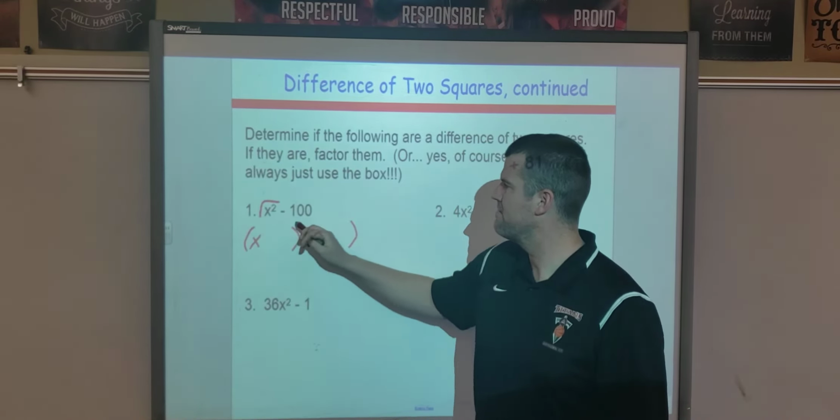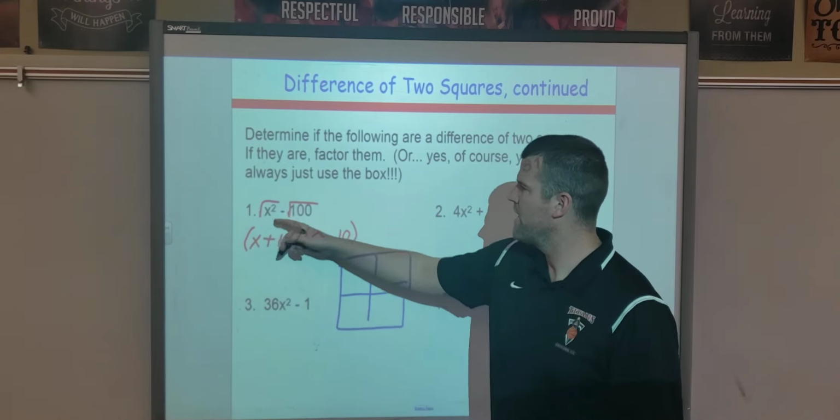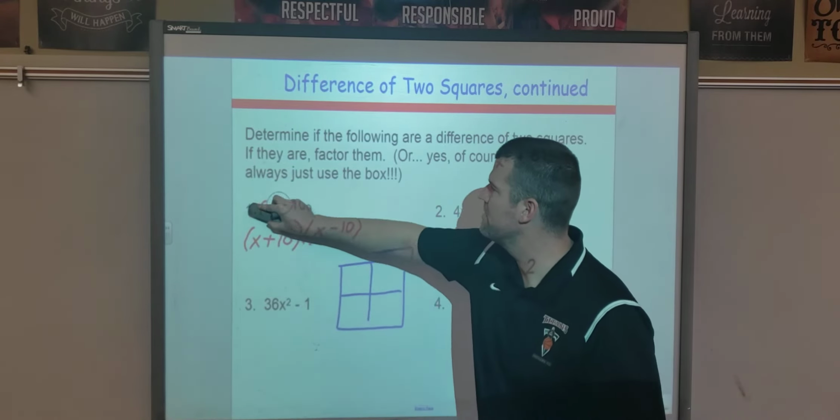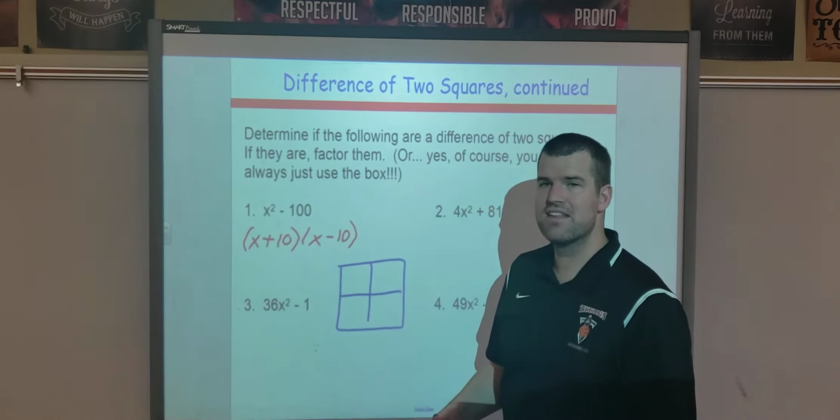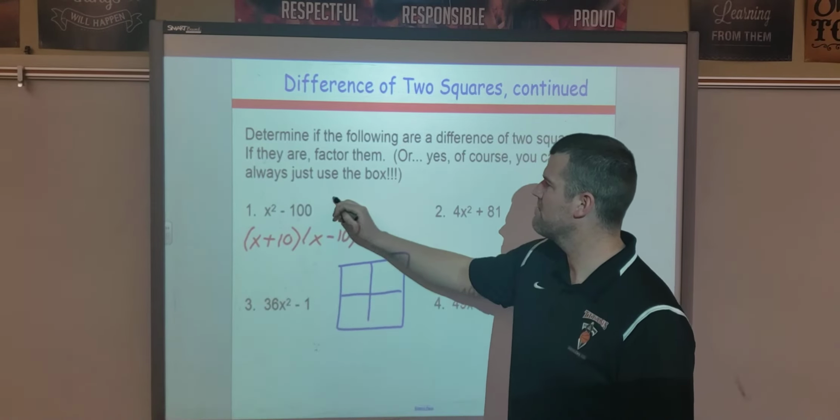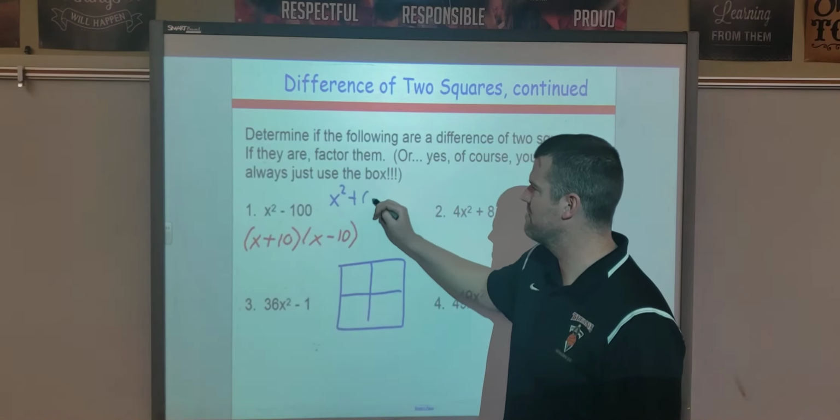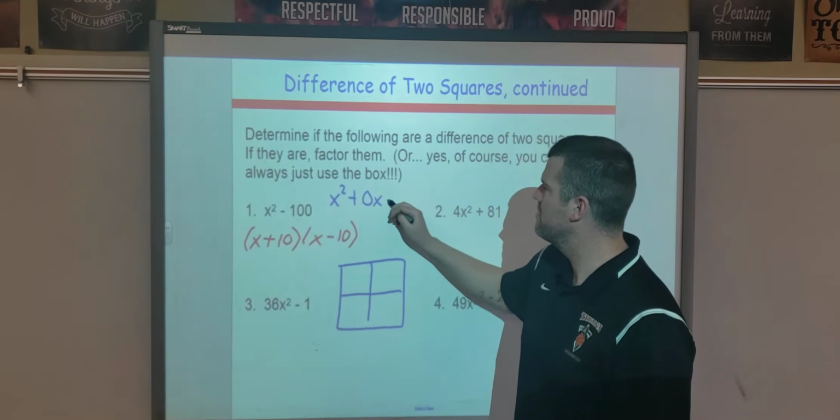Just so you know that this really does work, let me give you an example of how we would do that one with the box. We have x squared minus 100. So we recognize it's missing the b value. So I can write x squared plus 0x minus 100. First term, first box. Last term, last box.